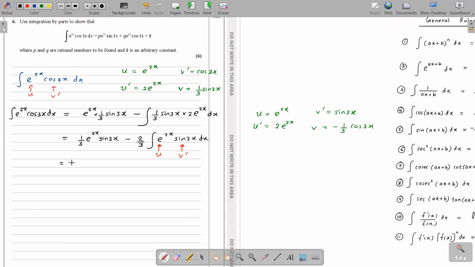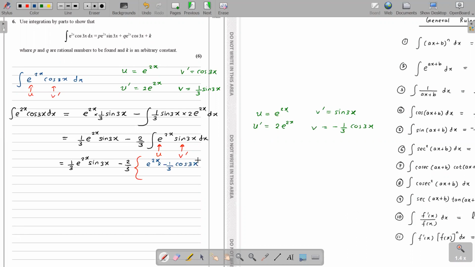So I get here 1 over 3 e to the power 2x sine 3x minus 2 over 3 times, I'll put a big bracket here, and it's time to put our uv minus vu dash. So u is e to the power 2x, v is minus 1 over 3 cos 3x.